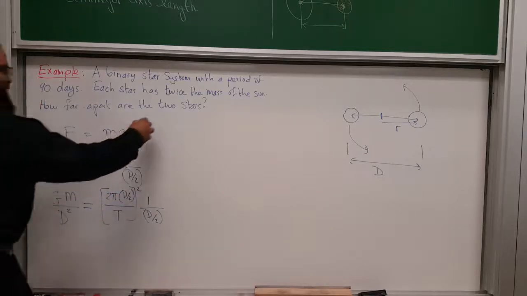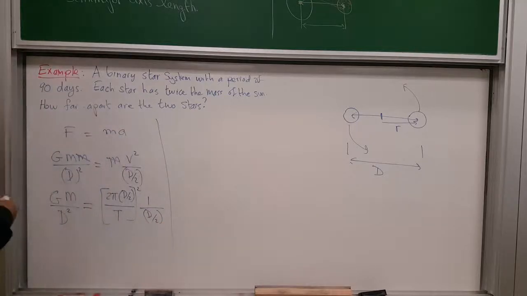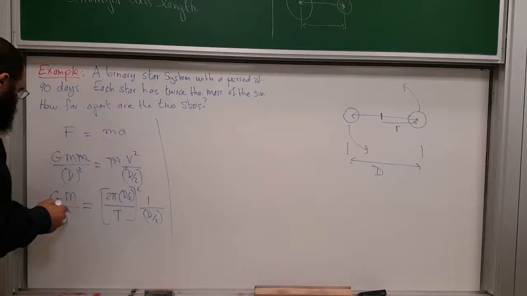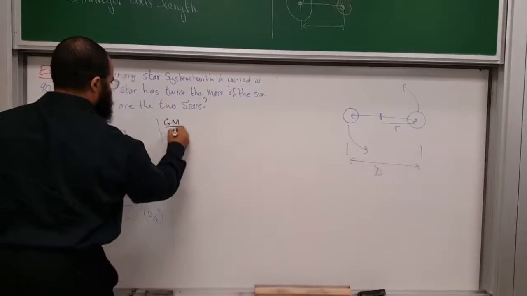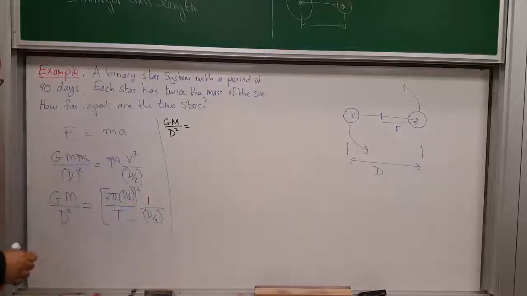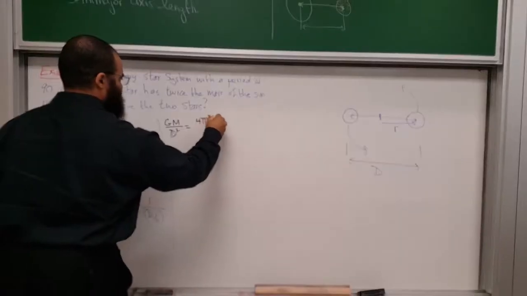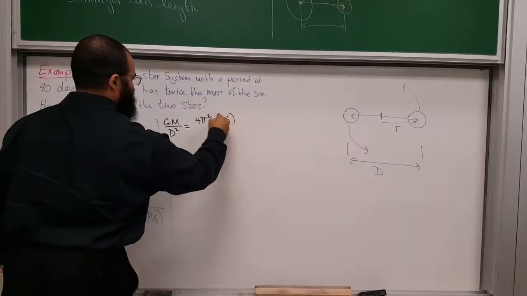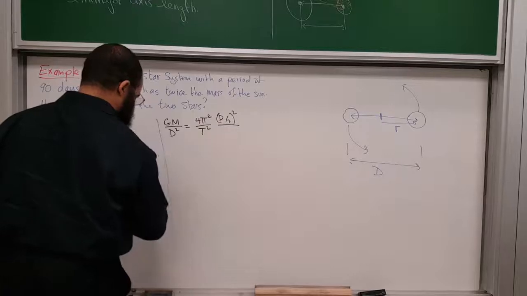So let's see what we get over here. I would get G m over D squared is equal to 4 pi squared, and then D over 2 to the power 2 divided by the period squared divided by D over 2.